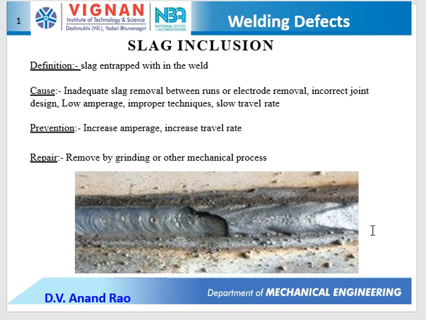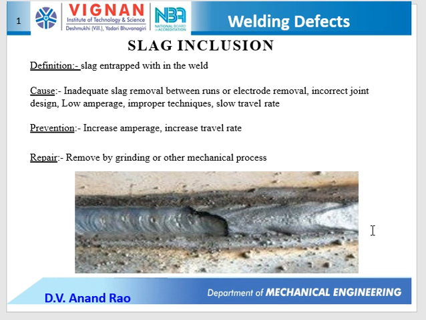This is caused due to inadequate slag removal between runs, incorrect joint design, low current supply, and improper techniques like nozzle tip angles and electrode positions, and slow travel rate of the electrode. These cause the slag inclusion welding defect.